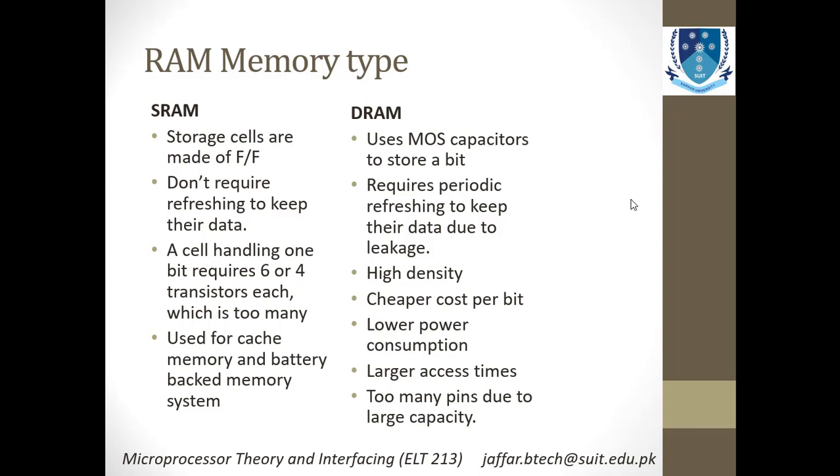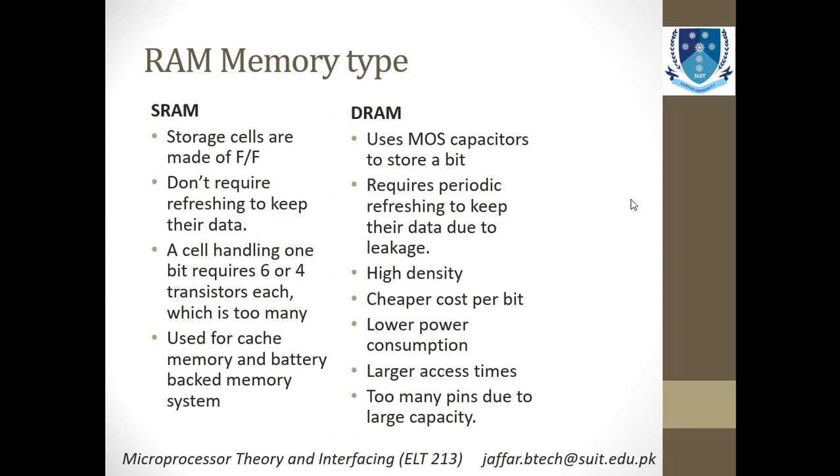And in SRAM, there are storage cells involved that are made up of flip-flops, or you can say in DRAM you can use MOS, that is metal oxide semiconductor devices or capacitors to store a bit.